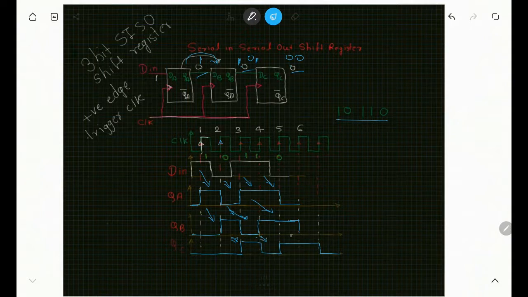The output goes on shifting from input towards the output. First of all, see here the data input is a 1. In the first clock pulse, the output of the first flip-flop gets changed.